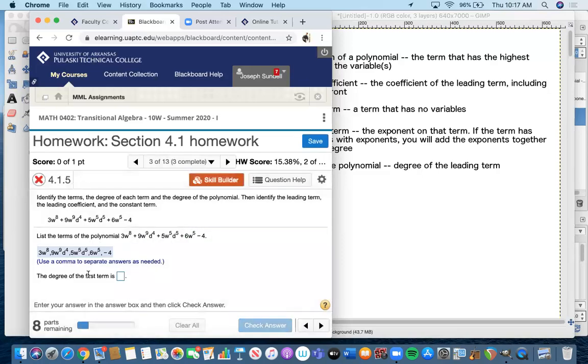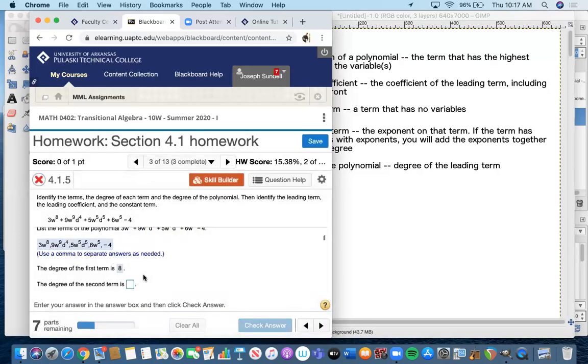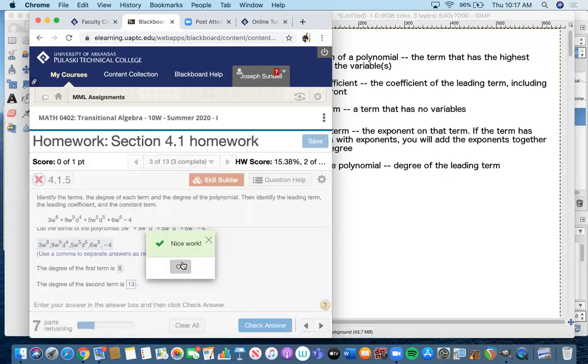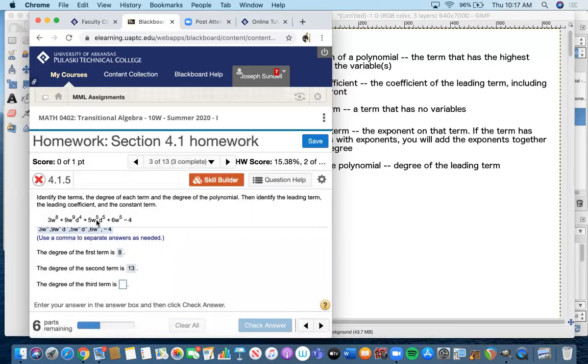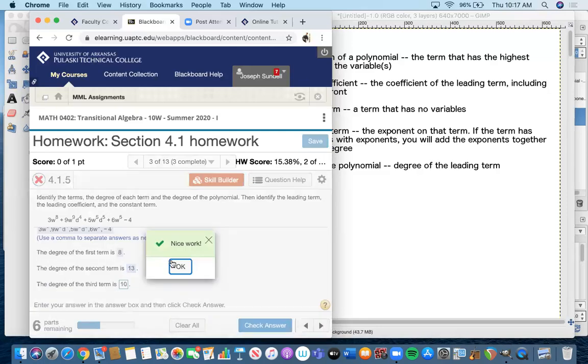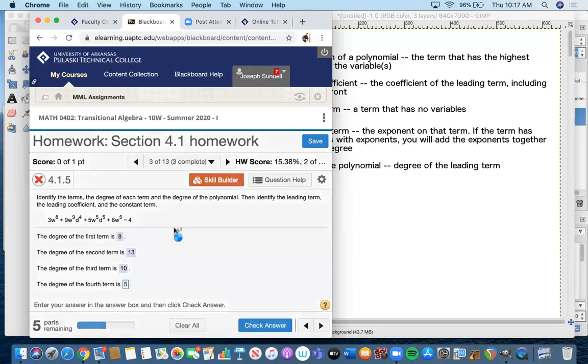Okay, the degree of the first term: that exponent is just an 8. The second term, we have to add the 9 and the 4, so we get 13. The third term, we add the 5 and the 5, so we get 10. The fourth term, we just have a w to the 5th, so that would just be 5.